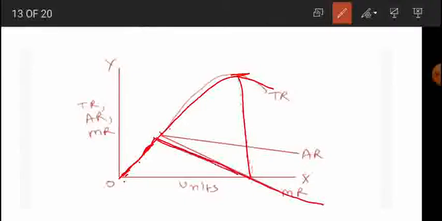Marginal revenue may be in first quadrant showing positive, may touch x-axis showing MR is 0, may be in fourth quadrant showing negative MR. On the other hand, average revenue and marginal revenue both start from the same point, because when first unit is sold, AR is equal to MR. AR curve always remains in the first quadrant because AR is the price of the commodity and price of the commodity can never be 0.